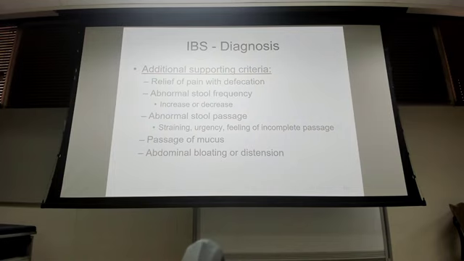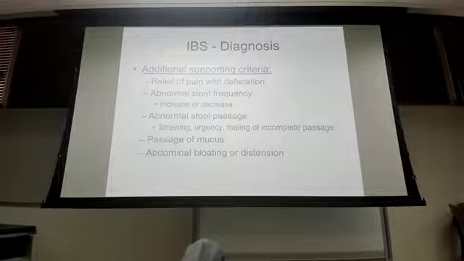You went, but it feels like you need to go again, but you can't go again. Mucus is associated with IBS. So don't jump on mucus as being only inflammatory diarrhea or constipation. You can have some mucus passage with IBS. And abdominal bloating or distension.